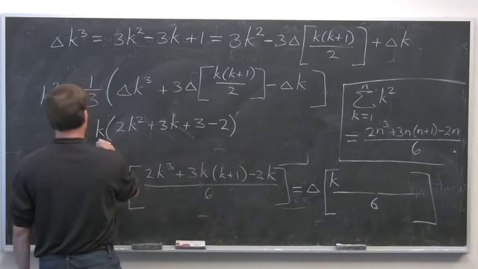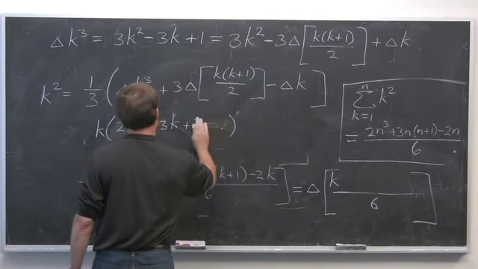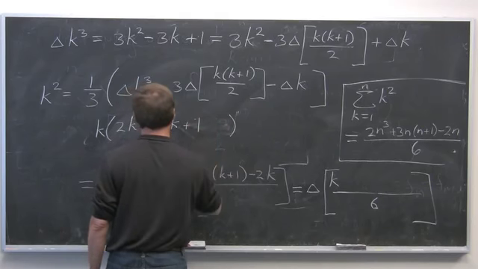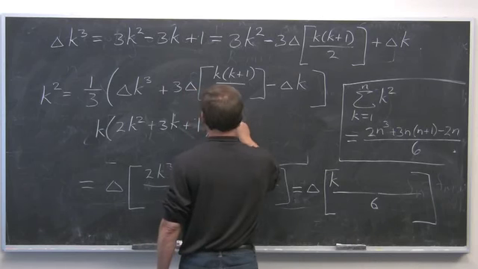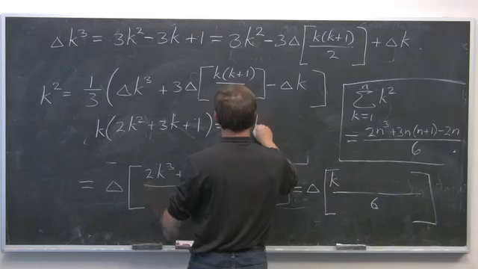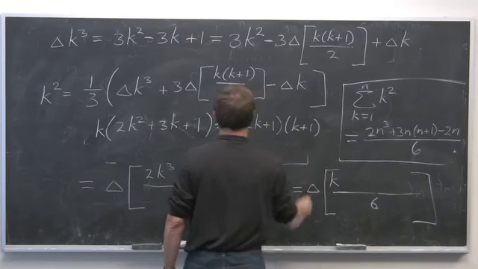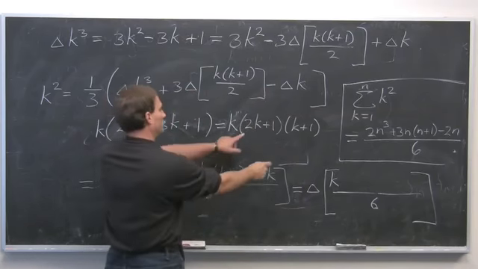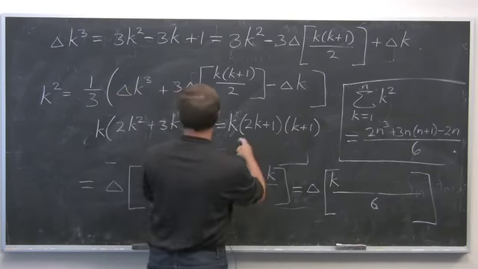So this is k times 2k squared plus 3k plus 3. So that's plus 1. And now, yes, I'm very happy. This is k times 2k plus 1 times k plus 1. Yippee. So you get the 2k squared. You get a k plus 2k, so a 3k plus 1.